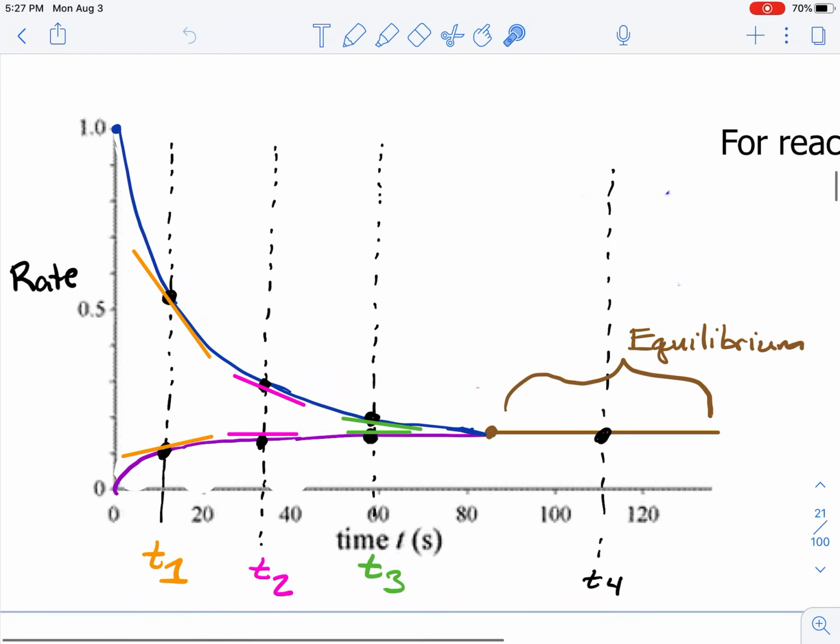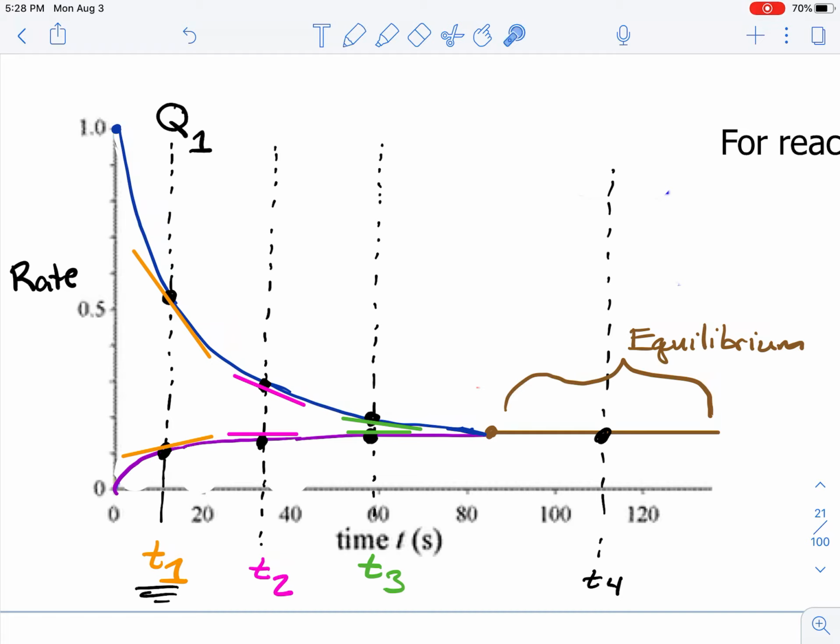And so if we wanted to understand the value of Q at this specific time period, then we would go ahead and take the rate of the forward reaction and the rate of the reverse reaction and set them as a ratio to each other. And if we do that, what we get is the reaction quotient at the first time period, which is going to be represented by T1.